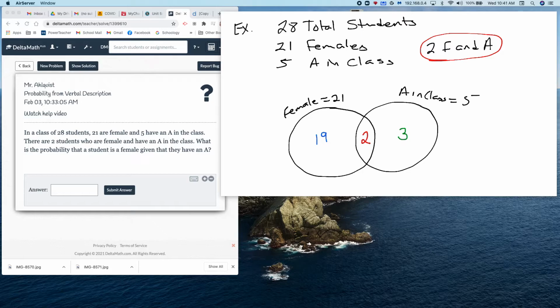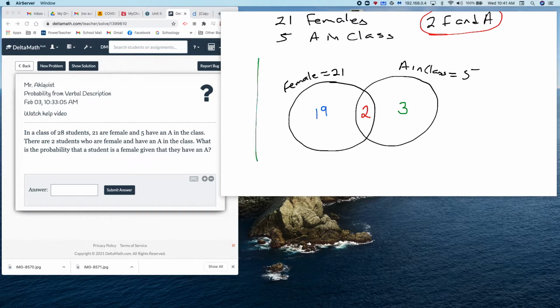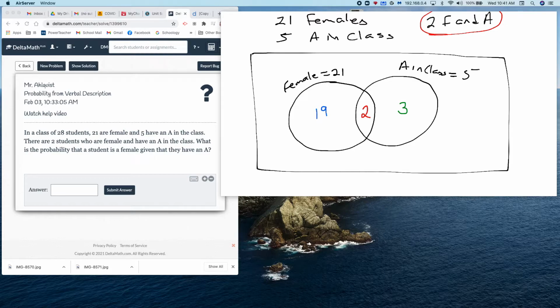If I think about the class in general, whoops, sorry, I'm going to do this in black, the class in general goes out here, right? And you know that this class has 28 students in it.